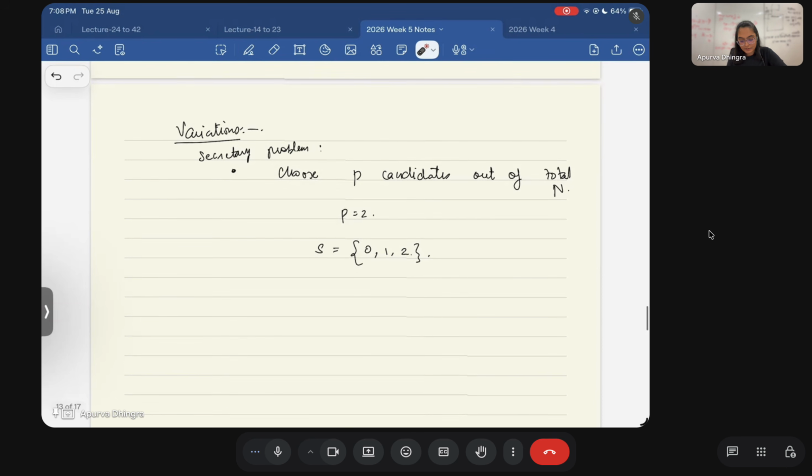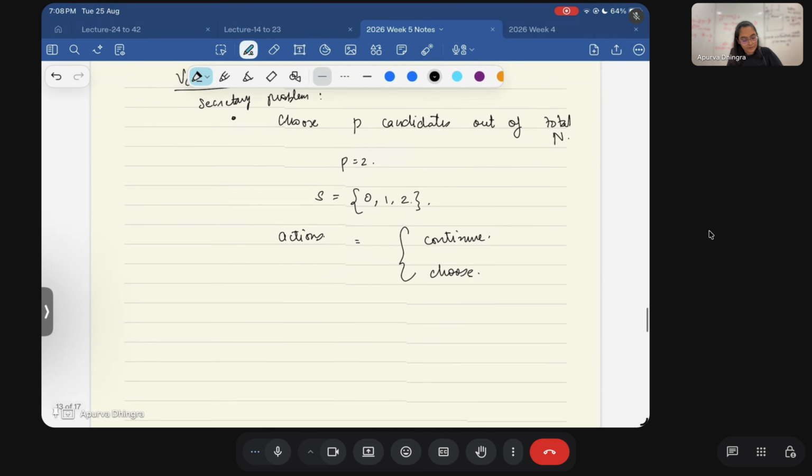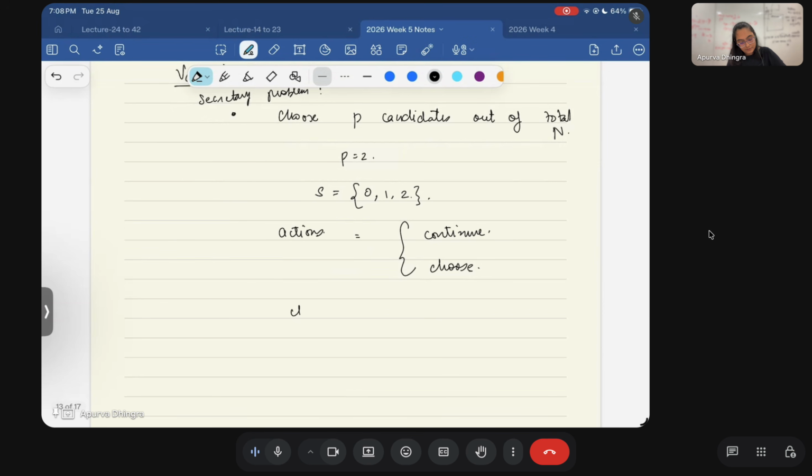So here what will happen is the actions will become more interesting. The action is either to continue or choose a candidate. But suppose you've chosen one candidate. So you saw some pool of candidates.